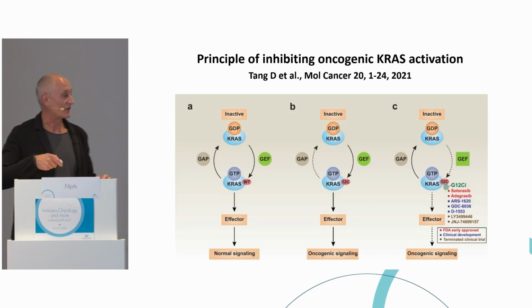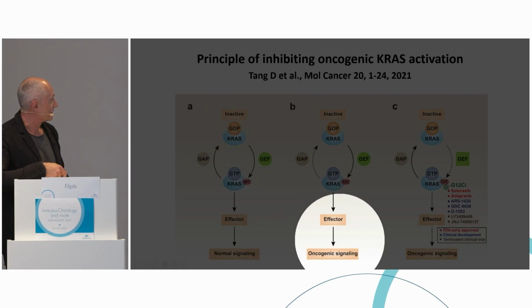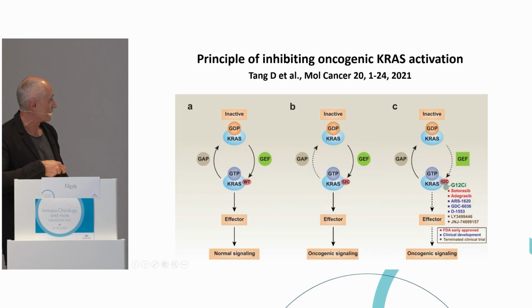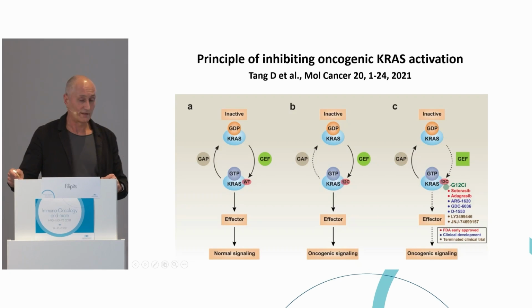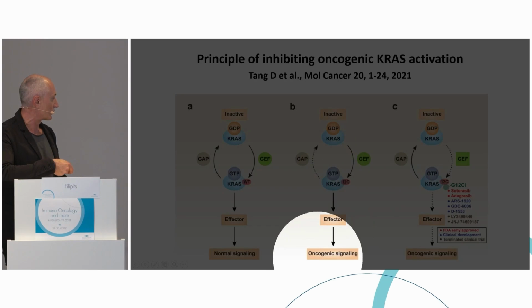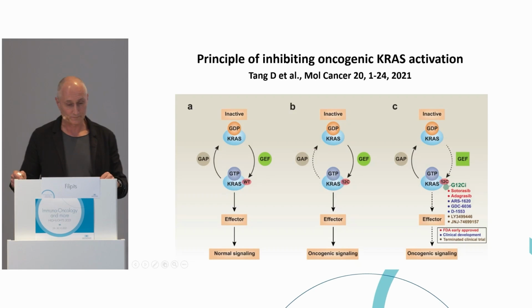This cycle is interrupted if KRAS is mutated, here in position 12, for example. In this case, KRAS is always in the active form, and all the downstream pathways are constitutively activated, and that means that oncogenic signaling takes place.